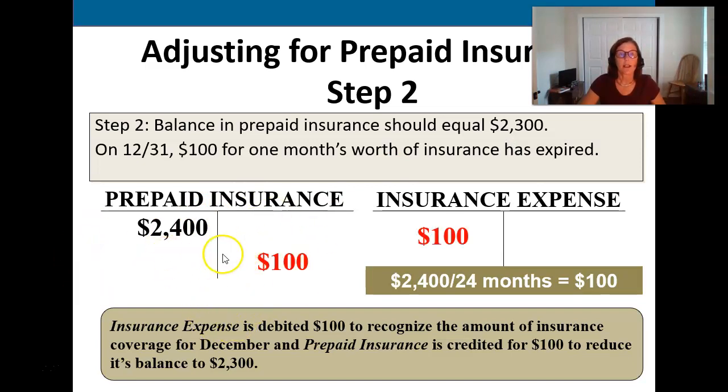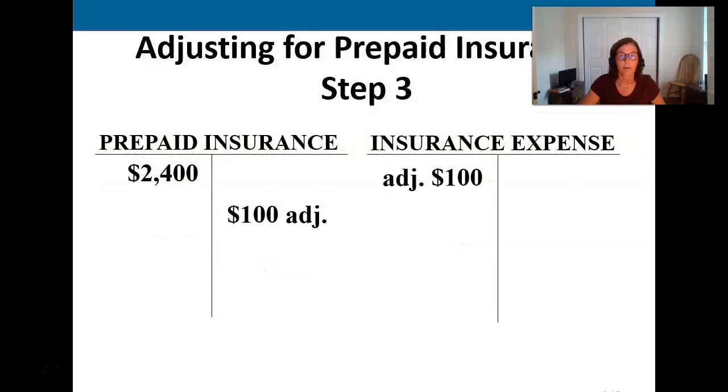So we're going to credit that prepaid insurance account for $100 and then debit the insurance expense account also for $100. This leaves the balance in the prepaid insurance account at $2,300. And we will continue to do that month after month until we have used up all $2,400 of that insurance.